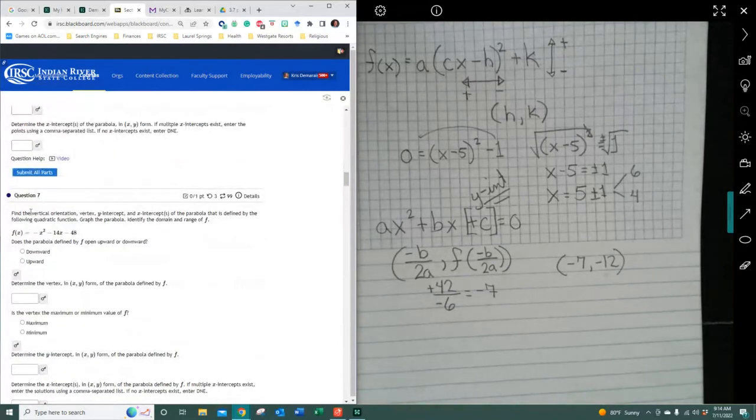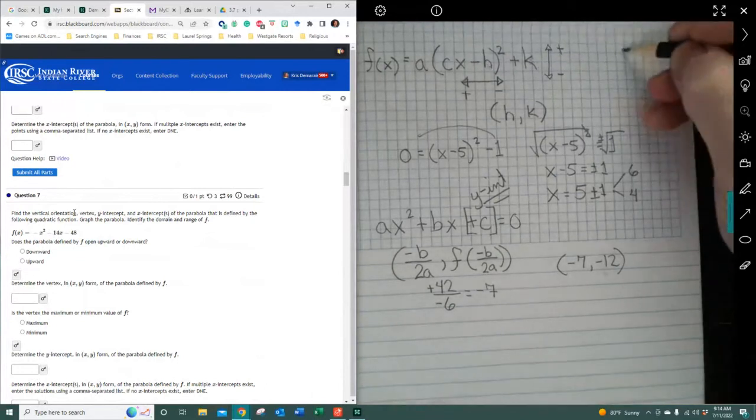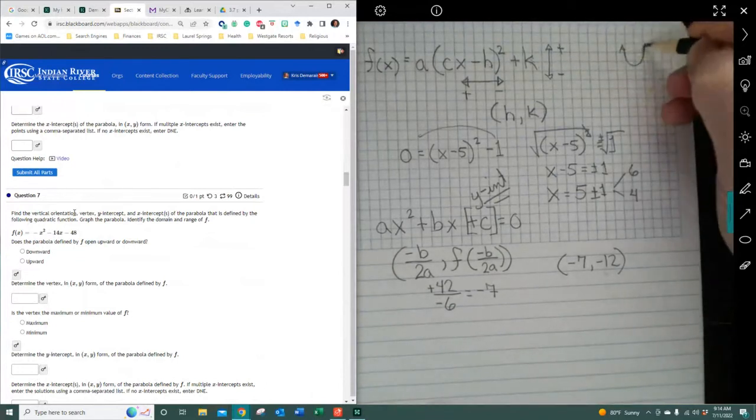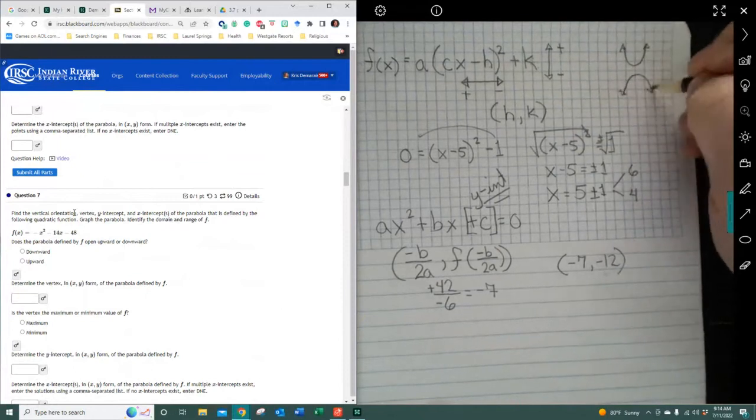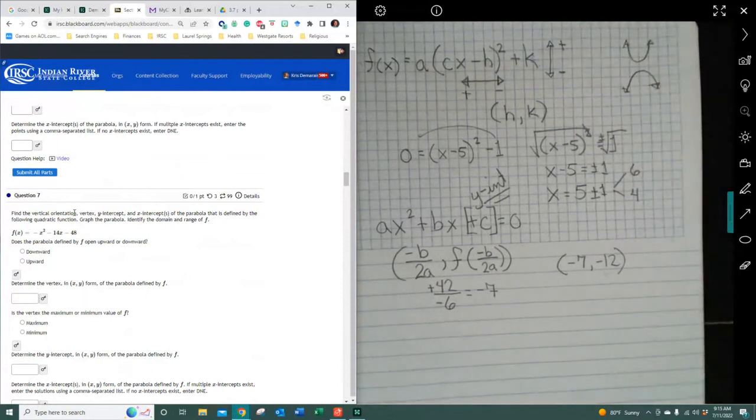All right. Now, some properties of quadratics. Vertical orientation is basically asking you whether the parabola is going up or whether it's going down.